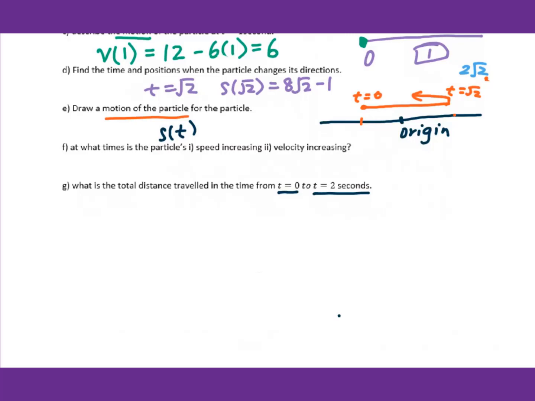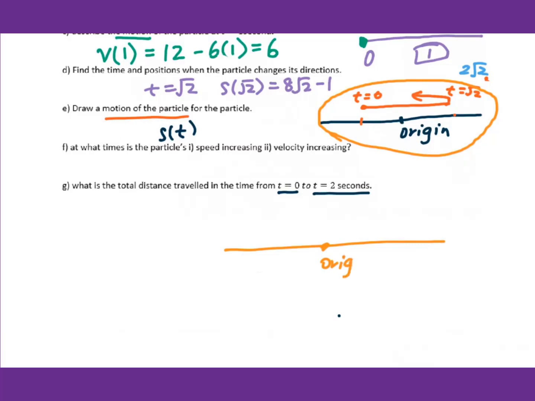What's the total distance traveled in the time from t equals 0 to t equals 2 seconds? For this question, we have to use the motion diagram. Let's draw over here. This is the origin, this is t equals 0. Here's 1 centimeter. Then go to t equals the square root of 2.